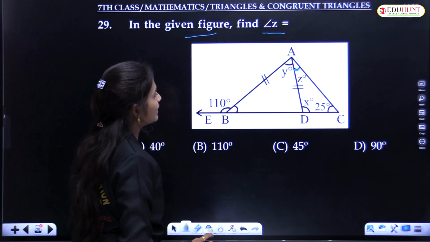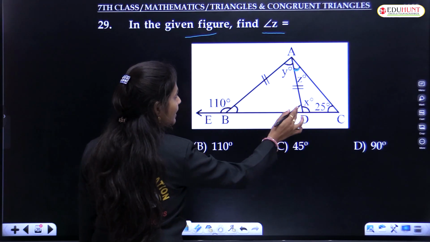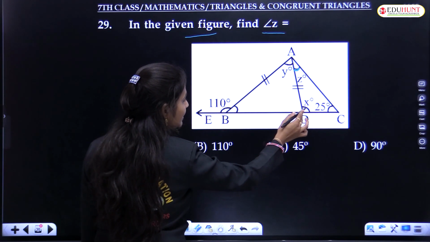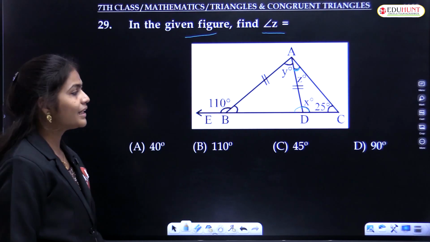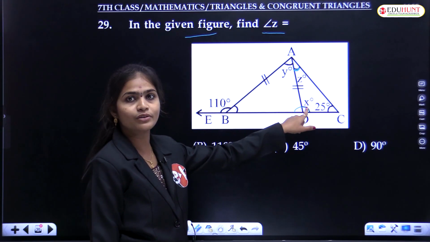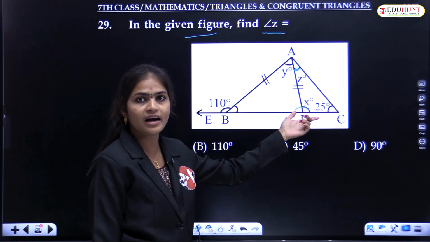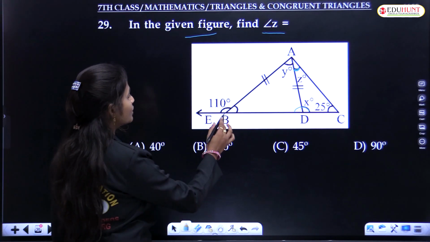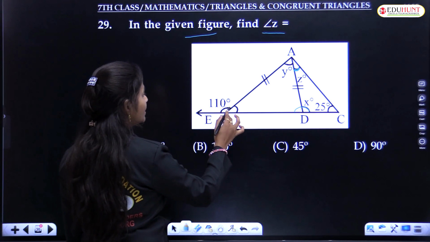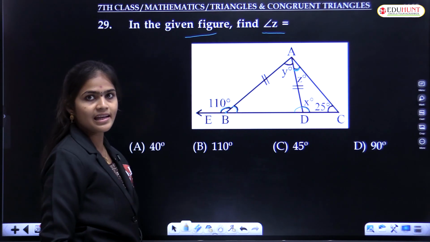So children, here they have given one condition. While taking AD, we have a linear pair. But the unknown value x is not given, so we can't find those two values. That's why we come to this one. Here at B we can observe that these two are adjacent angles.